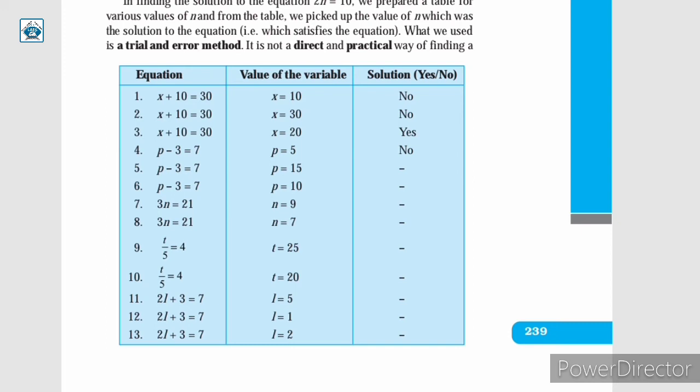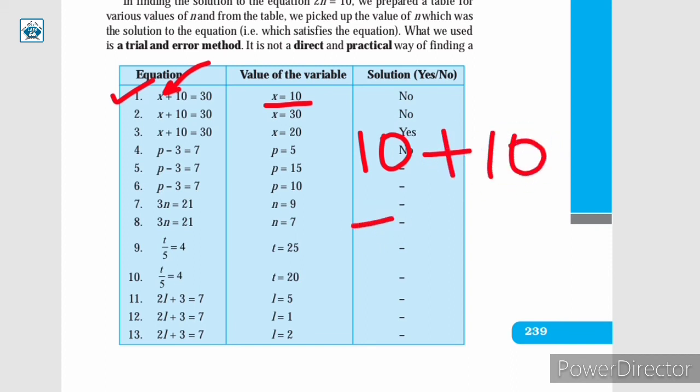In the first case, consider x plus 10 is equal to 30. We are given the value x is equal to 10. So we simply substitute 10 in place of x in this equation. So 10 plus 10 is equal to 20. But here on the left hand side we get 20, and the right hand side is given as 30. So we know that 20 is not 30.